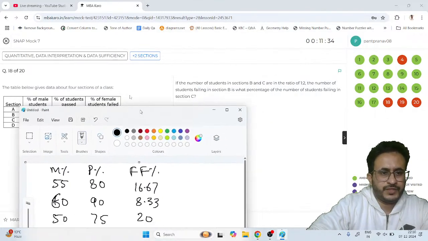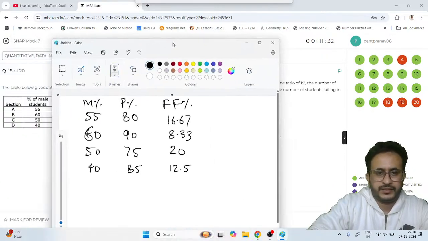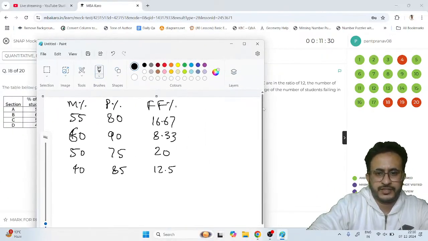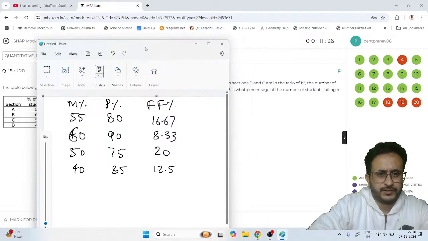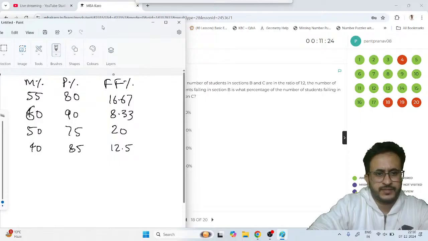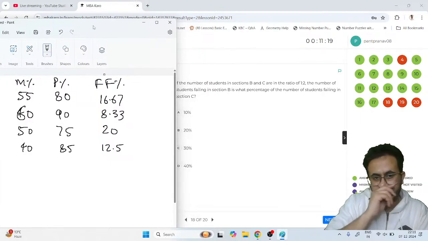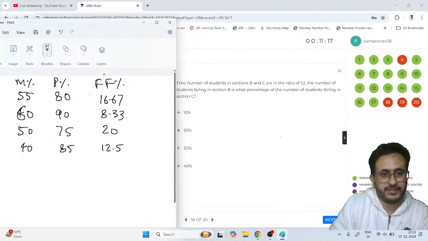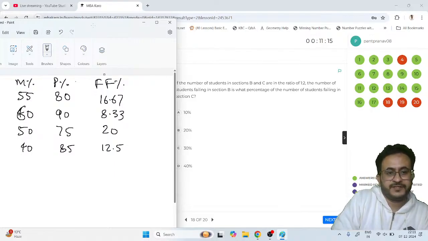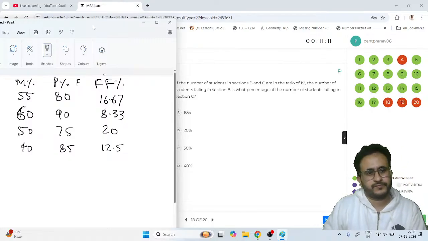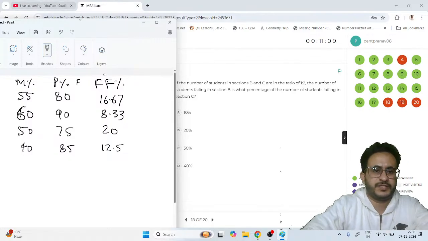We need to find these, A, B, C, D, the four sections. This pass percent and female percent will give us the ratio of male and female. What is the percentage of males?